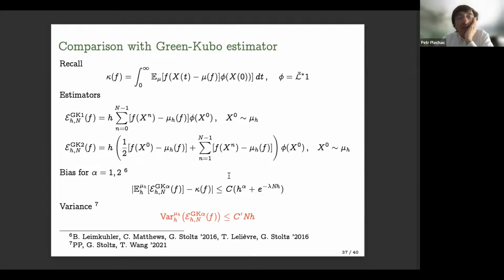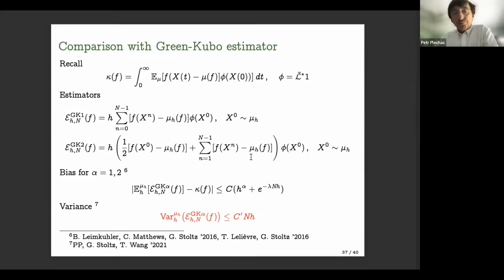So just a comment that this is really of some use is if we compare it to the Green-Kubo estimator, which, as I said, is an estimation of these correlation functions. This can also be centered, but even with the centering, the variance of these estimators grows again linearly with time, or with the number of time steps.